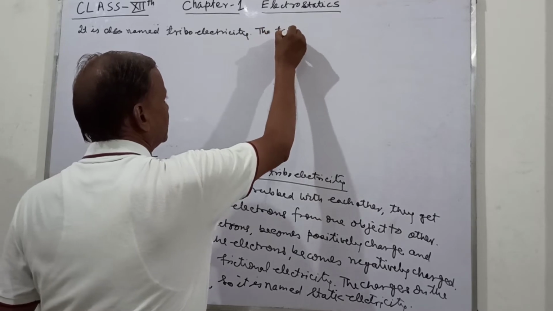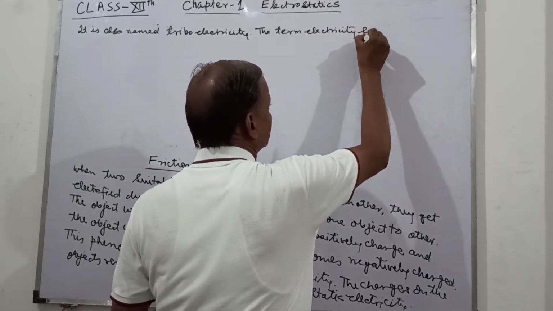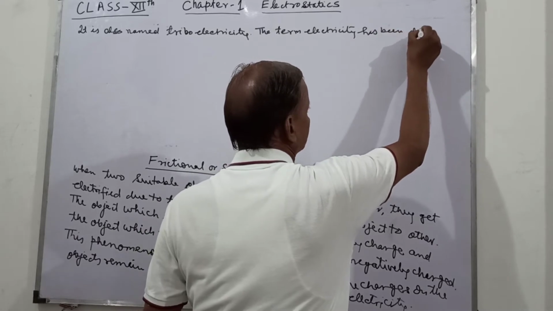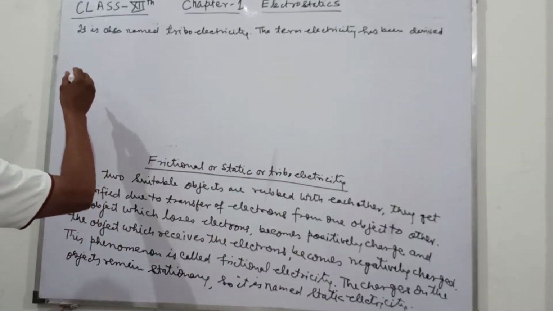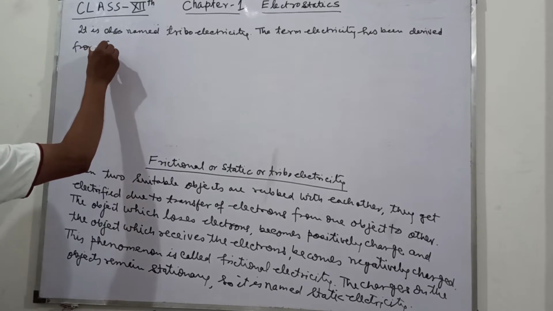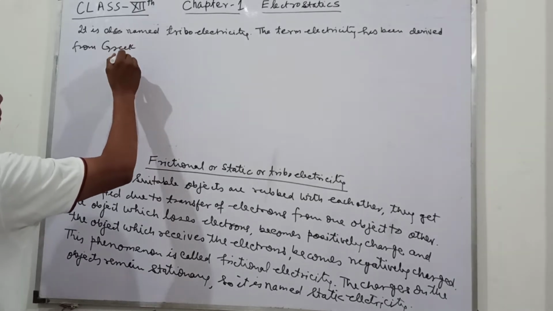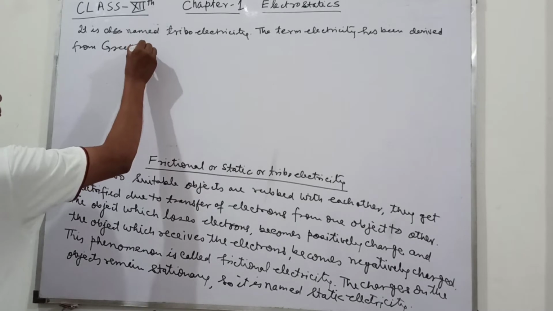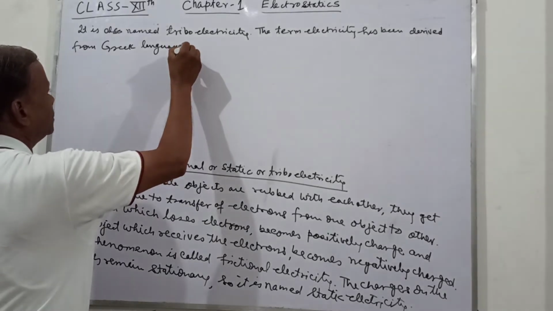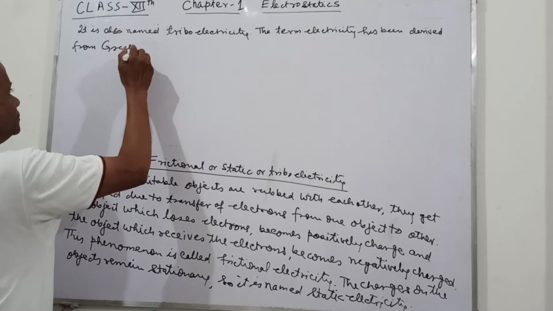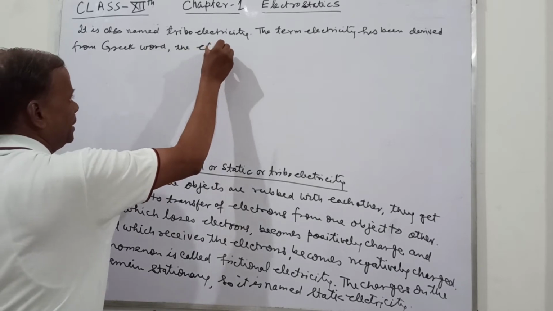The term electricity has been derived from the Greek word electron, E-L-E-C, electron.